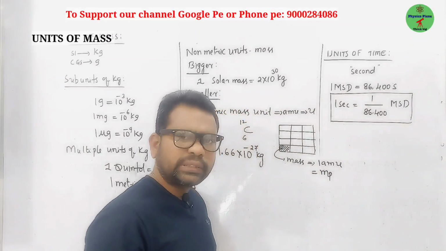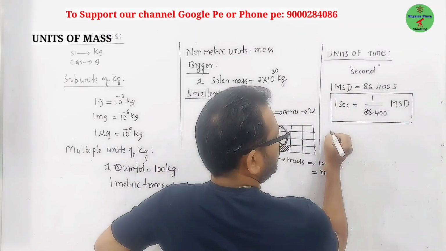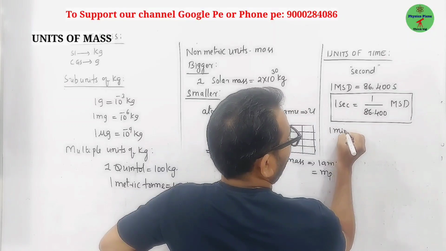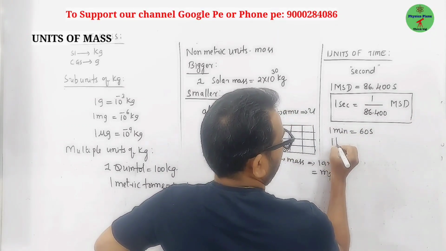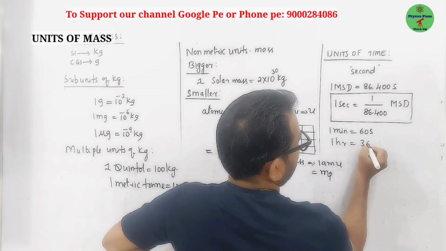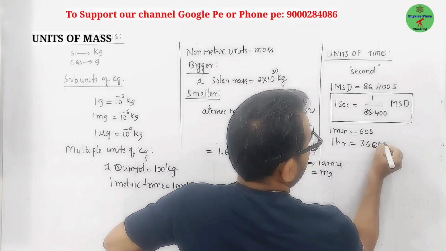Other than this, we also have 1 minute, which is equal to 60 seconds, and 1 hour is equal to 3,600 seconds.